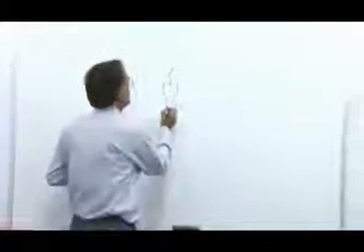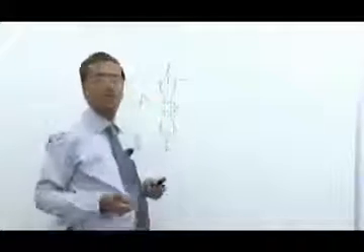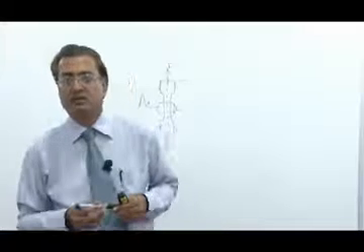So one can calculate the initial cross section, A0, because the initial diameter is given as 13 mm. Calculating pi by 4 times 13 squared, it comes out to be 132.7 mm square.